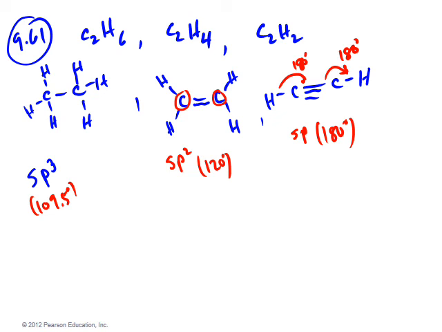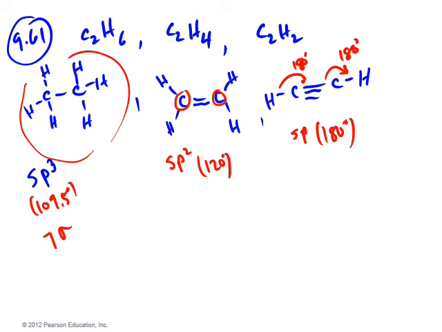Now we need to write down how many sigma bonds we have in each case. In the first molecule, they're all sigma bonds, because remember, a pi bond gives you the double bond or triple bond. So I have 1, 2, 3, 4, 5, 6, 7. So in the first molecule, I have 7 sigma bonds.